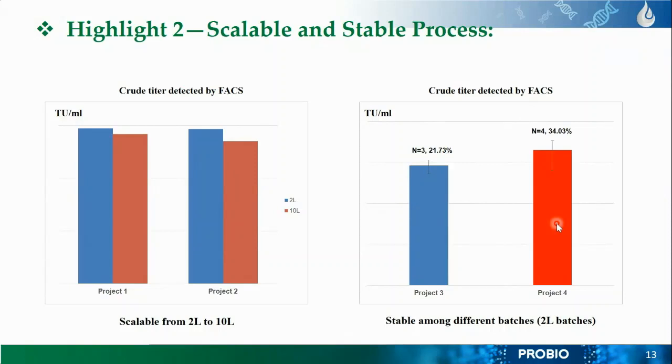And you can see the comparison between project 1 and project 2. So it's almost stable. And on the right-hand side, you can see a number of batches, 3 for project 3 and 4 for project 4. So it's almost consistent.